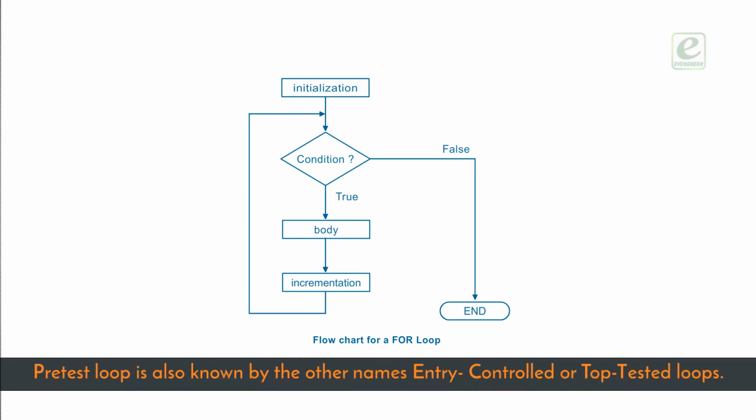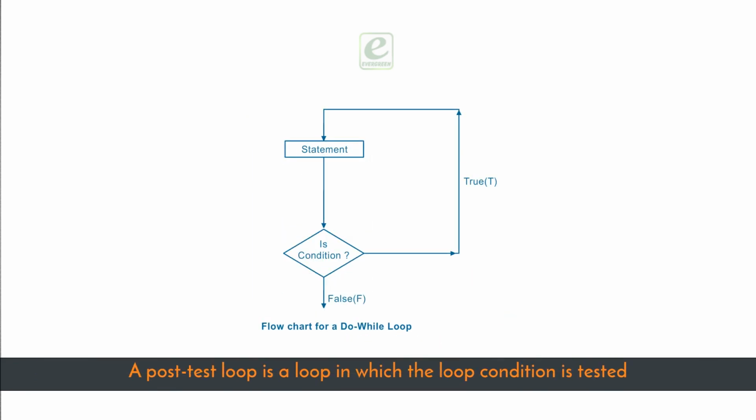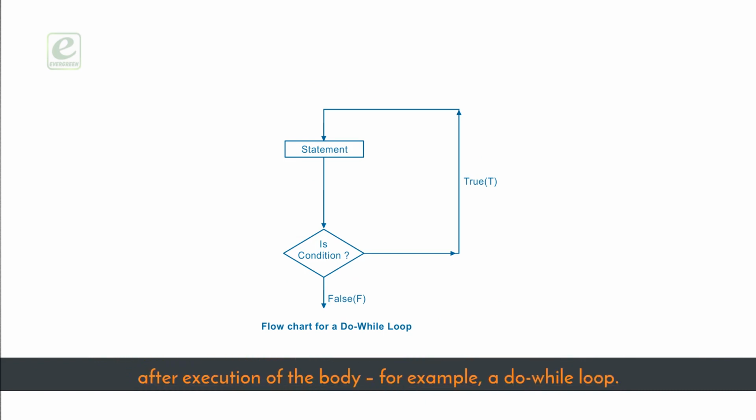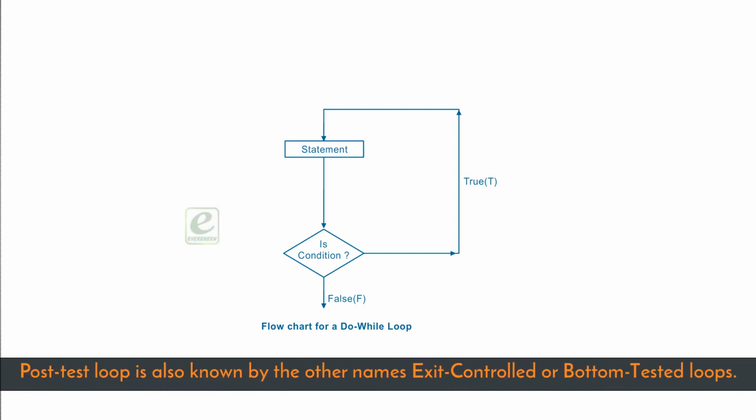Pre-test loop is also known by other names, entry-controlled or top-tested loops. A post-test loop is a loop in which the loop condition is tested after execution of the body. For example, a do-while loop. Post-test loop is also known by other names, exit-controlled or bottom-tested loops.